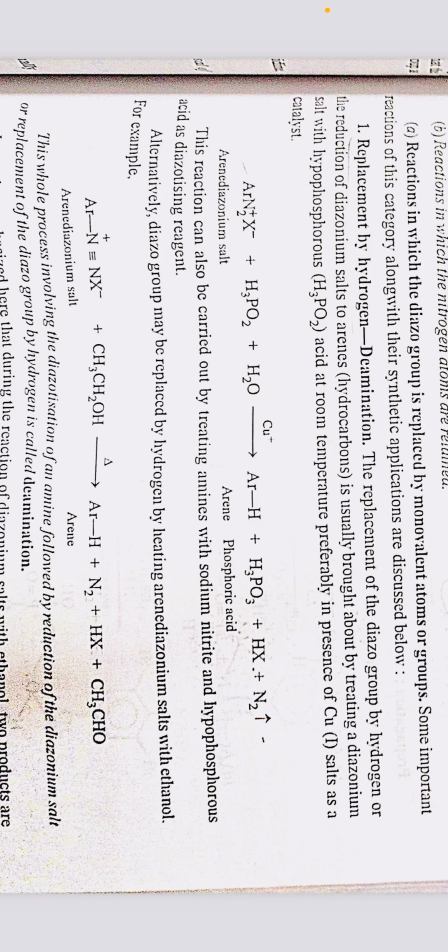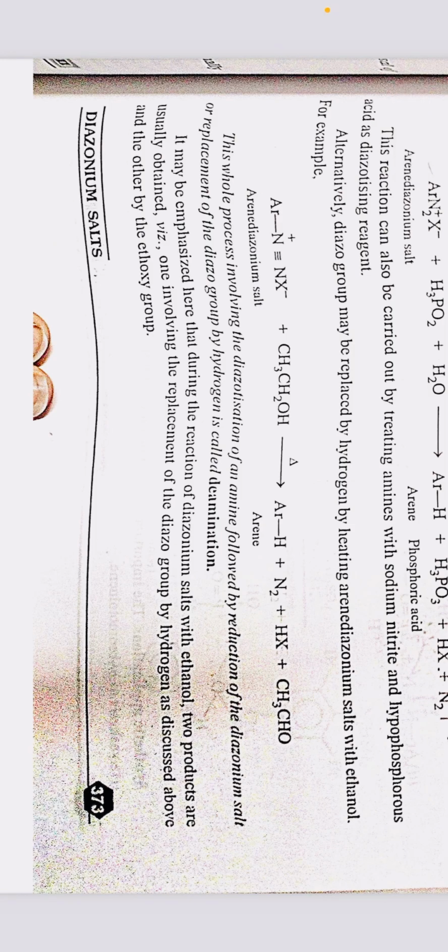Replacement by hydrogen, deamination. The replacement of the diazo group by hydrogen, or reduction of diazonium salt to arenes, is usually brought about by treating a diazonium salt with hypophosphorous acid at room temperature, preferably in the presence of copper salt as a catalyst.